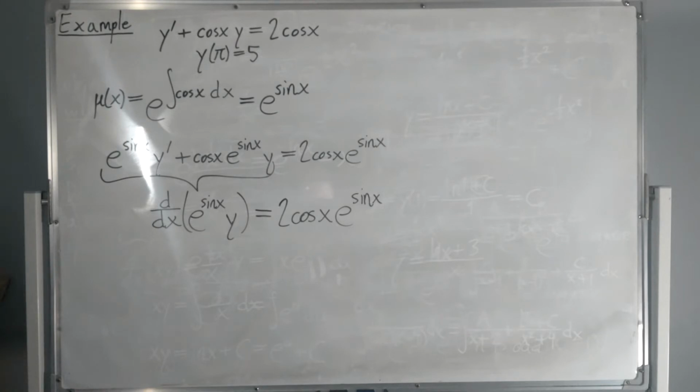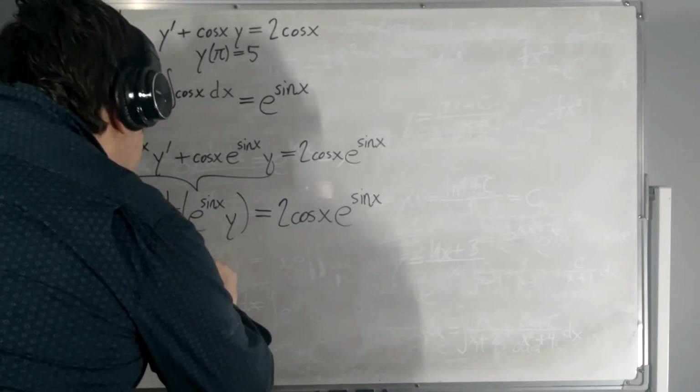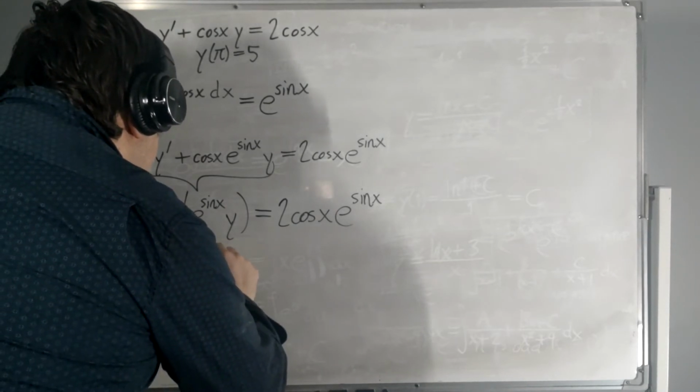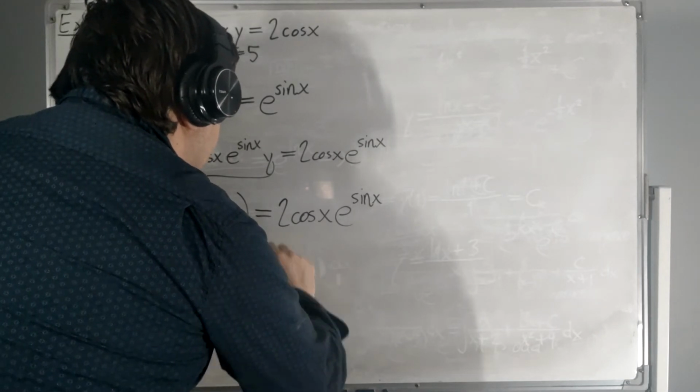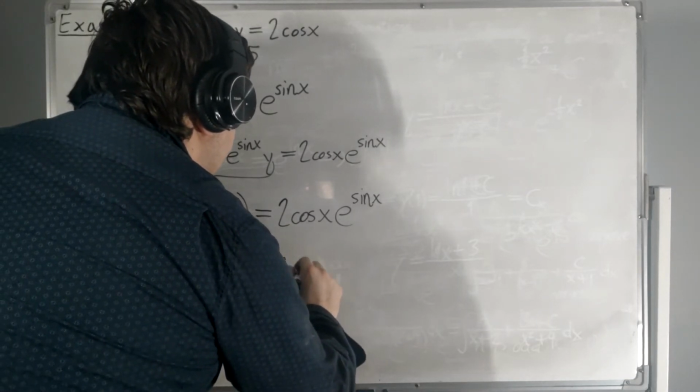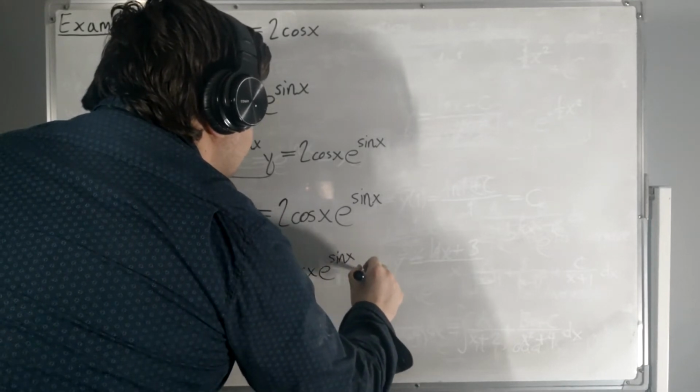You take the indefinite integral of both sides to cancel that derivative operator. You get e to the sine of x, y, equals the integral of 2 cosine of x, e to the sine of x.